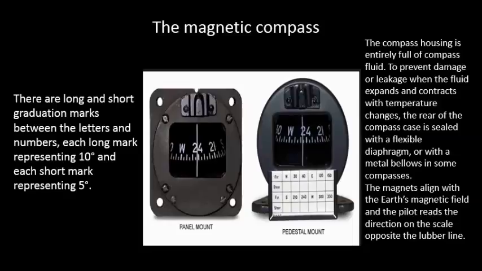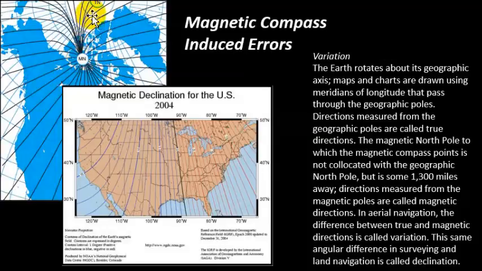So you can never get to true north. If you look here at this slide, magnetic north is here, true north is there, and they're around 1,300 miles away from each other. Now, in order to get to true north, you would have to compensate for that error, because your compass is trying to take you there and you're trying to get here to true north.